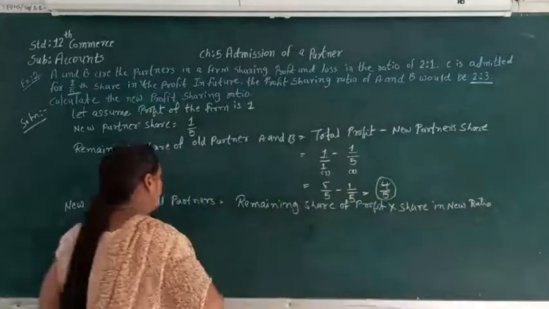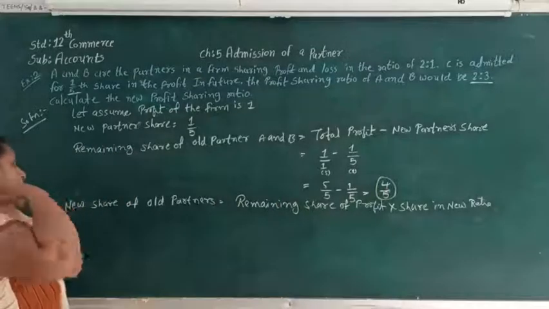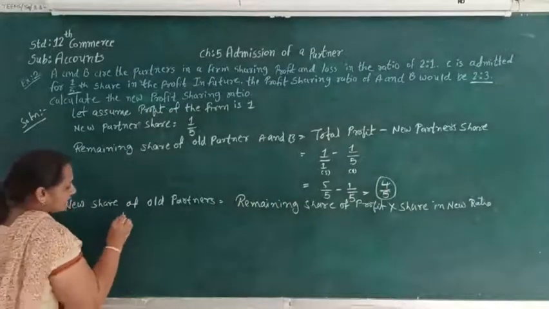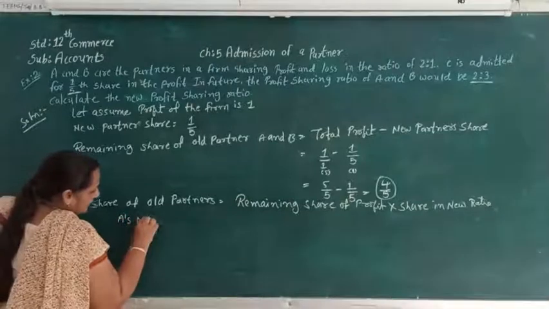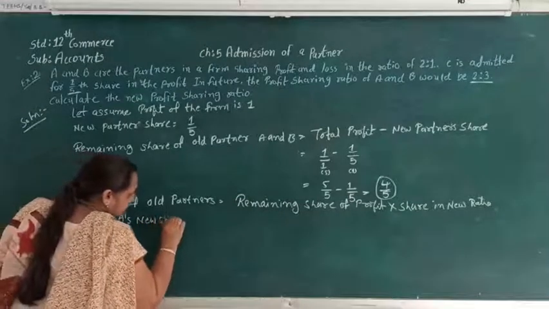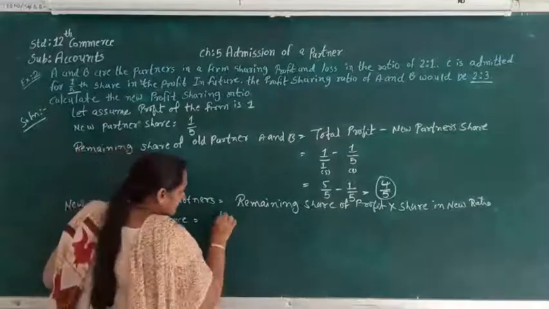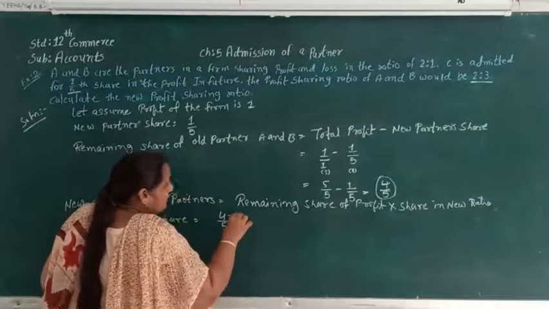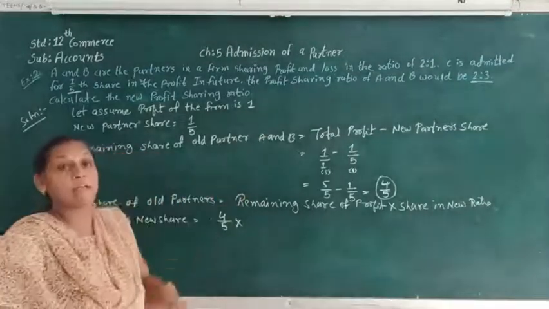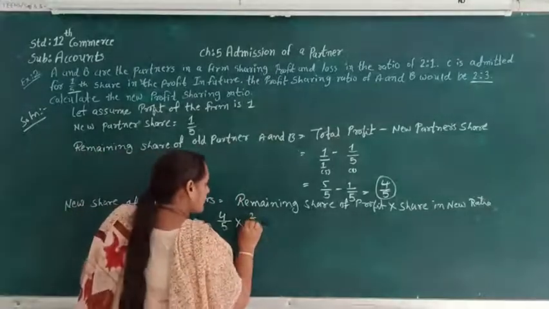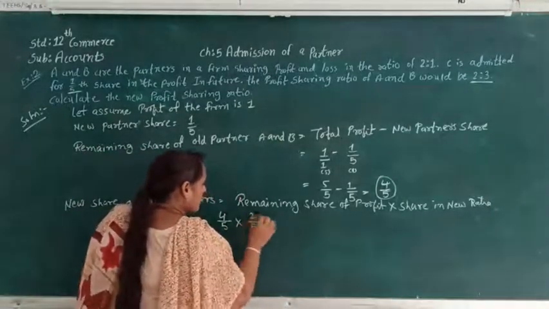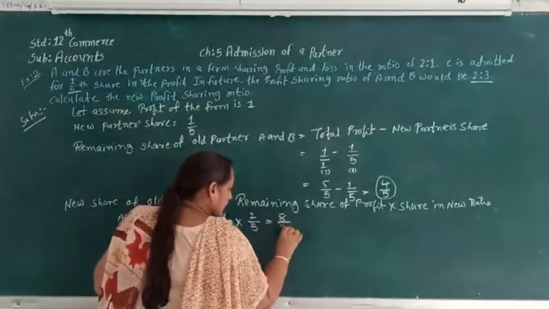Okay. So here let's find out the new shares. The remaining share is 4 by 5 into the first partner's new share, which will be 2 by 5. So it will be 4 2s are 8, 5 5s are 25.